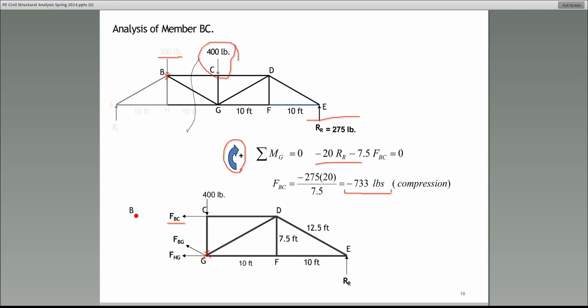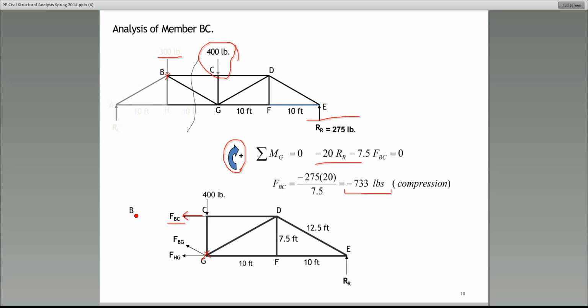Here's what we do. In order to do that, you have to decide whether the internal force in the member, let's talk about BC, pulls away from the joint. If the internal force pulls away from the joint, that member is in tension.